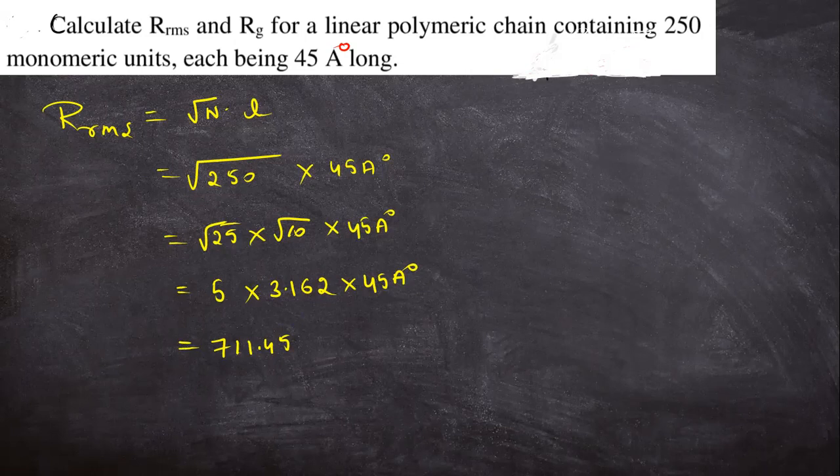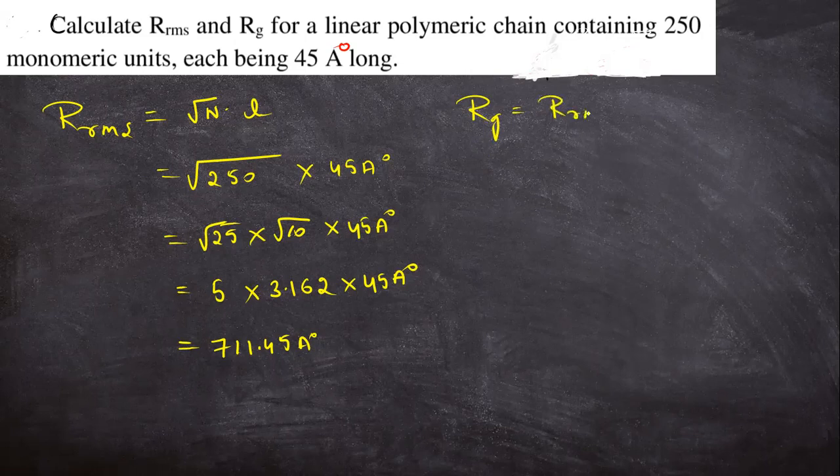Just try to calculate this and check the answer. Next, we can shift to the calculation of the radius of gyration. 5 into 3.162 into 45, yes, correct, 711.45 angstrom.